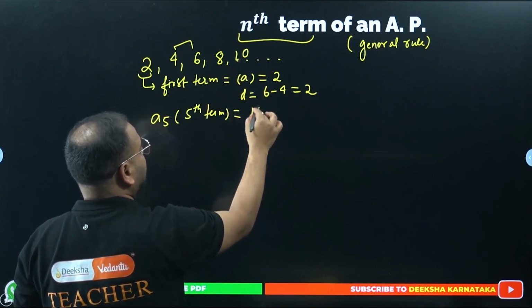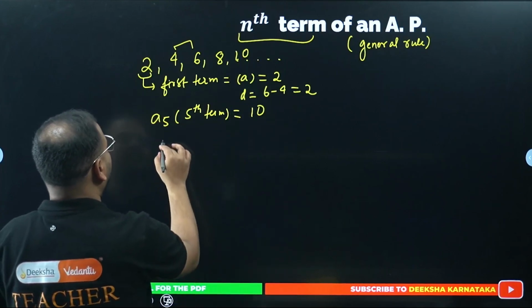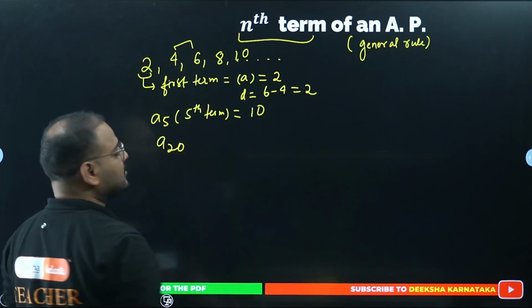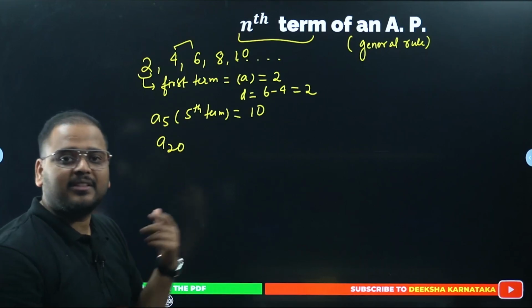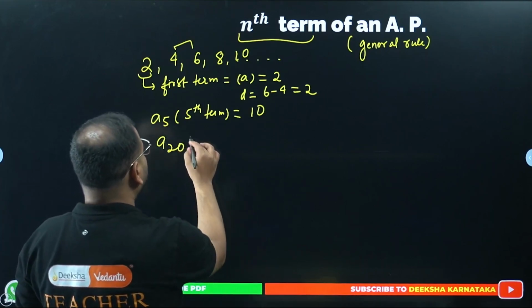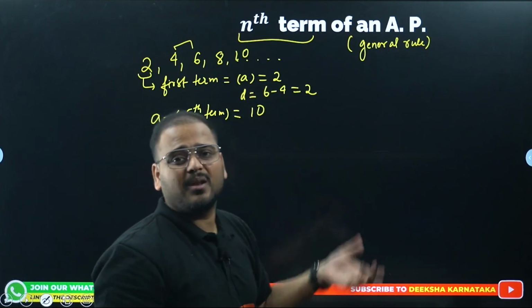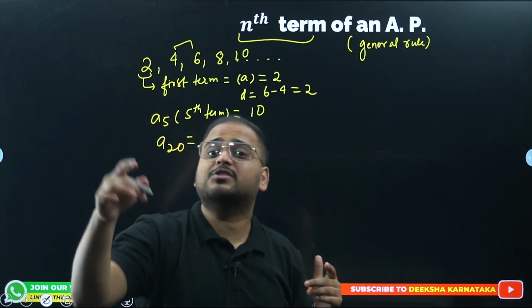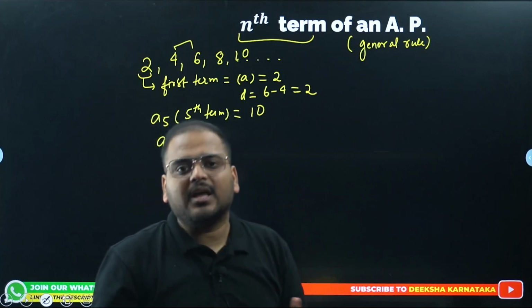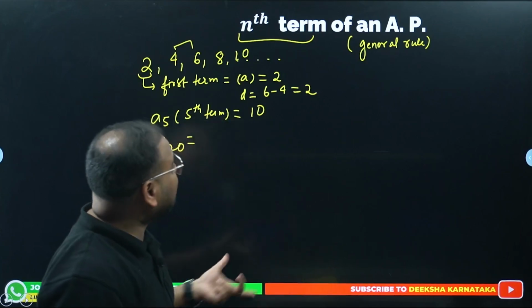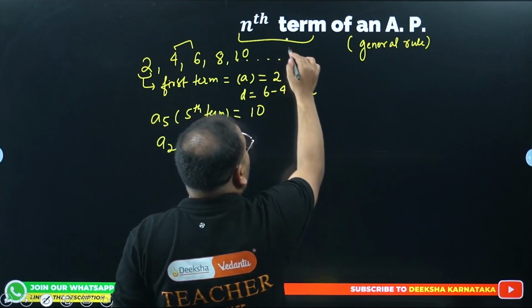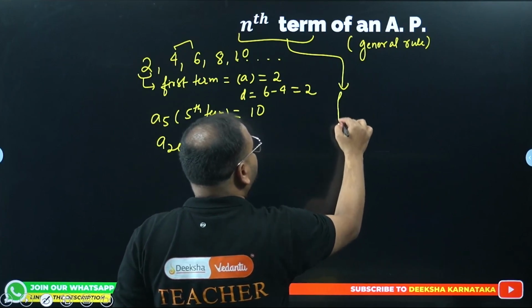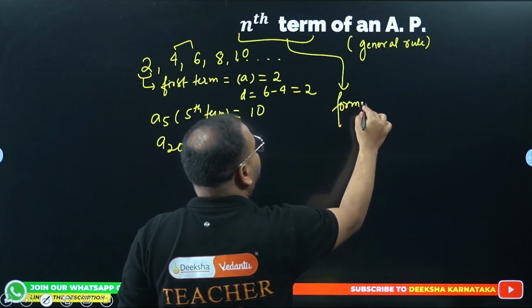What if I ask you to find the 20th term? Find a20. Then you will say, sir, it will take time, no? 10 plus 12, then again 14 plus 16. I have to do all of this to know that. Easy, but time consuming. So for that reason, we have a formula.